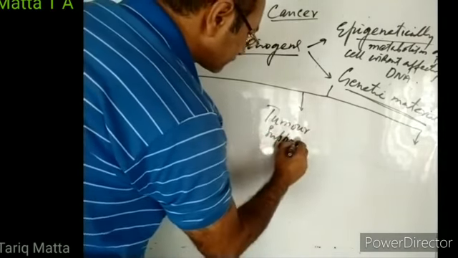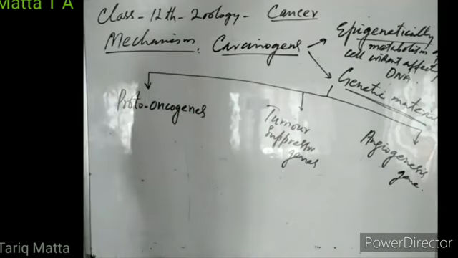And we have another gene that is known as angiogenes. These are the three classes of genes which are mostly targeted by these carcinogens, and any change in these genes may induce a cancer, right?